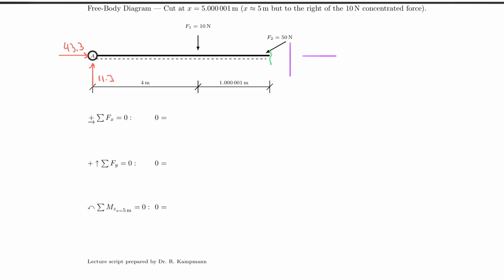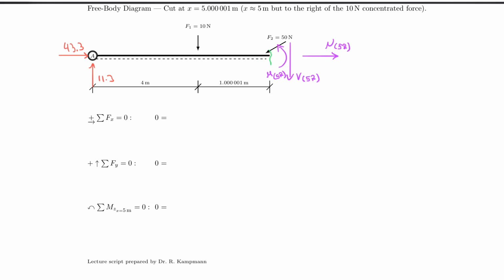So I bring in my shear force, my moment, and my normal force, and I give them proper names. So N at 5 to the right side, V at 5 to the right side, and M at 5 to the right side. And please understand that now we have a force here that acts under an angle.